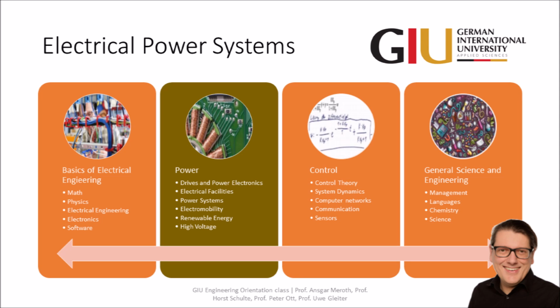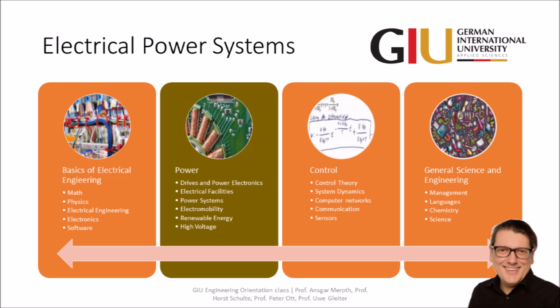As in the programs before, the electrical power system engineering program has 4 areas. First, we have the general science and engineering, which is common in all programs in our faculty. The control area is more or less common, with some specialization, but the basic control theory and system dynamics are the same.